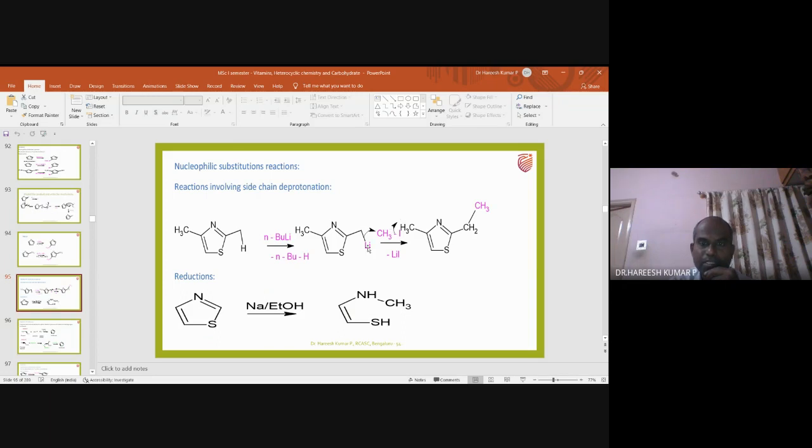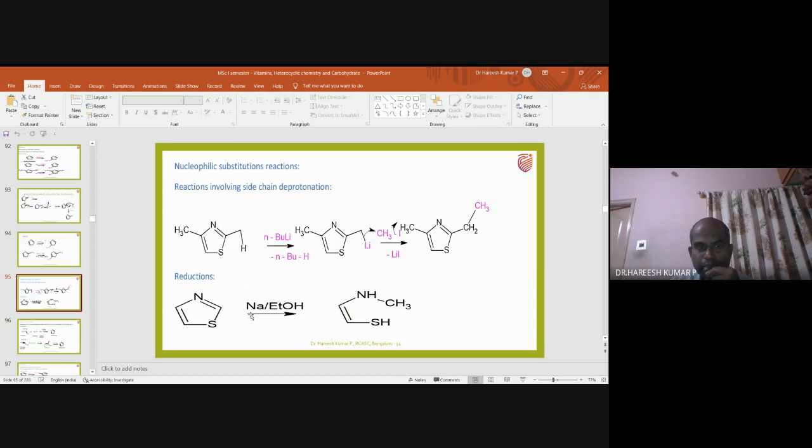Iodine along with this lithium, lithium iodide, is the leaving group, and alkylation occurs at the side chain of the thiazole. So this is about how the alkylation or nucleophilic substitution occurs at the side chain present on the thiazole ring.